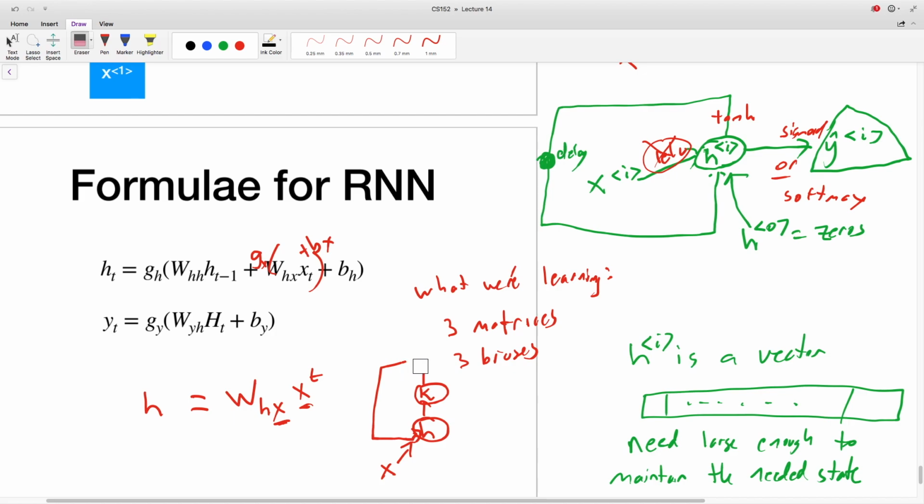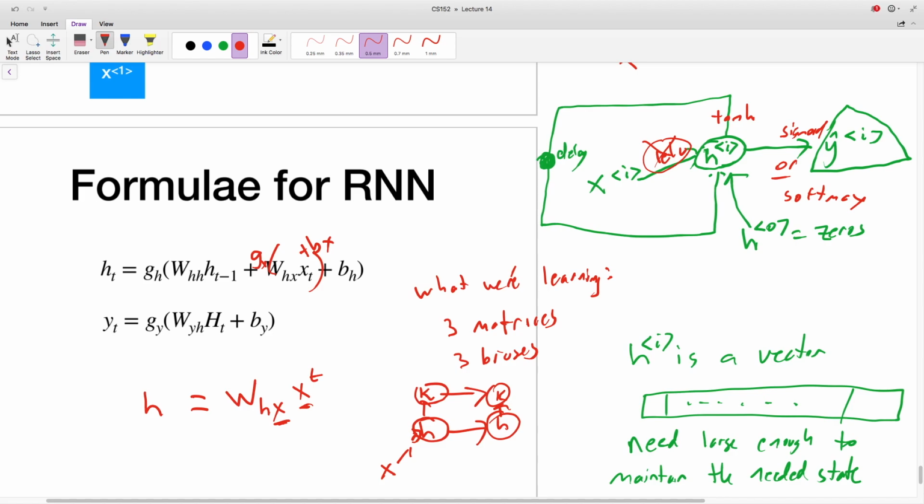I'll show it unrolled. We could have one hidden layer where we're passing state across to the right through time, and on top of that, another hidden layer passing information across to the right through time. So we could be keeping lower level features here, higher level features here.